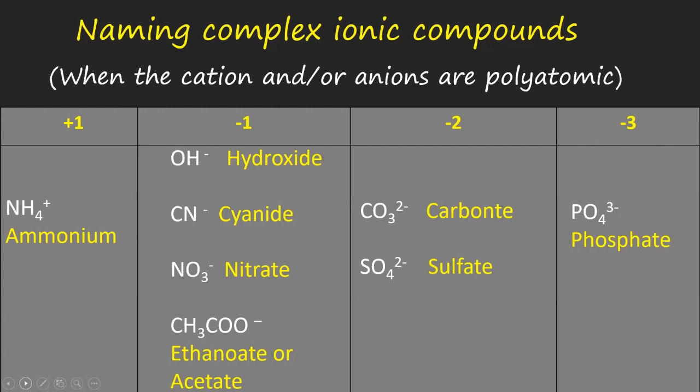By the way, in complex ionic compounds, the anions are always polyatomic, but the cation can be monoatomic, for example sodium, magnesium, or lithium, or it could be polyatomic like ammonium. So let's do some examples for the complex ions.